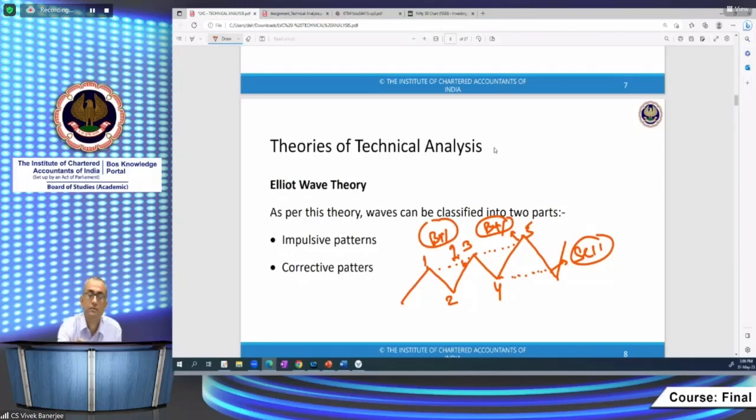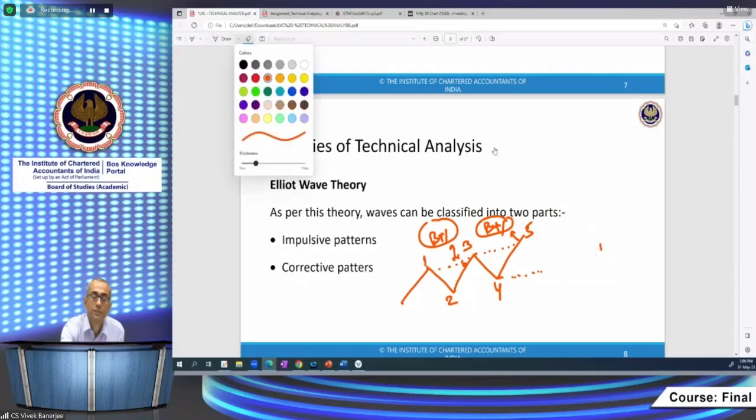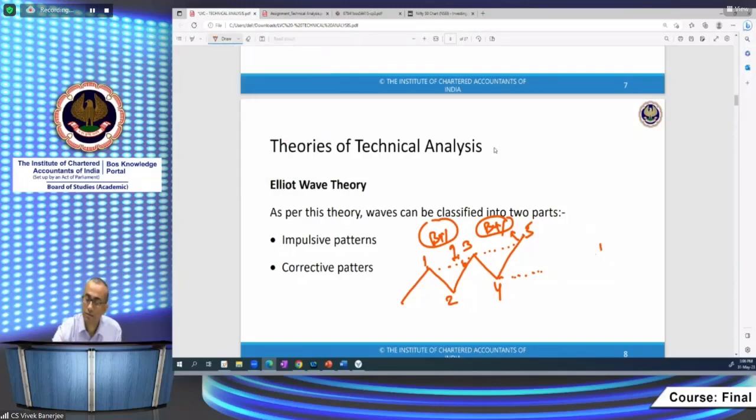I will give another scenario. This is the corrective pattern, because I want to explain both the things.